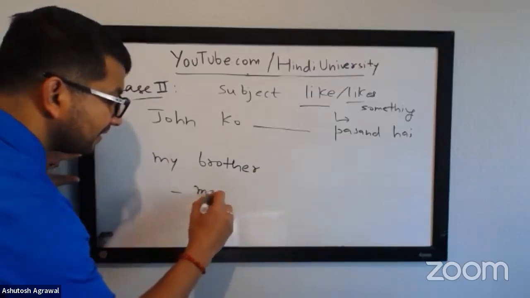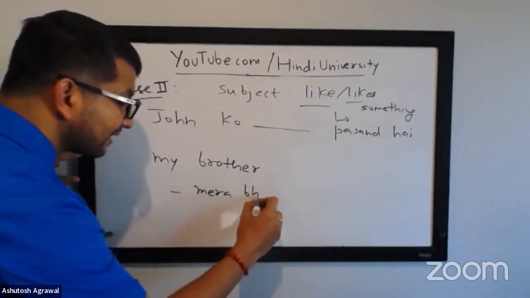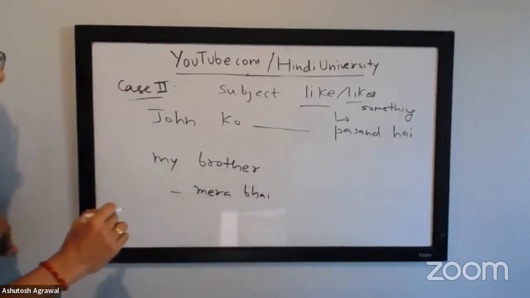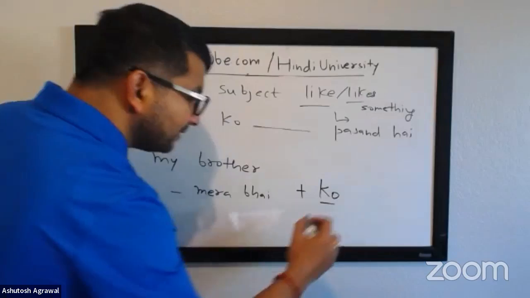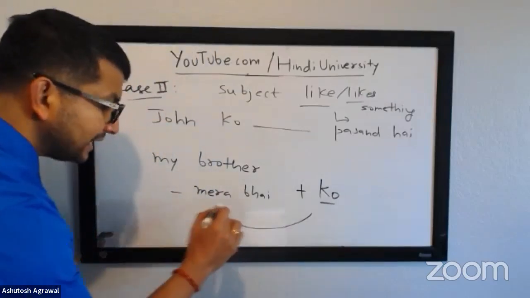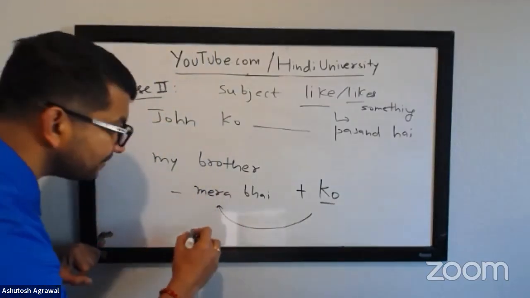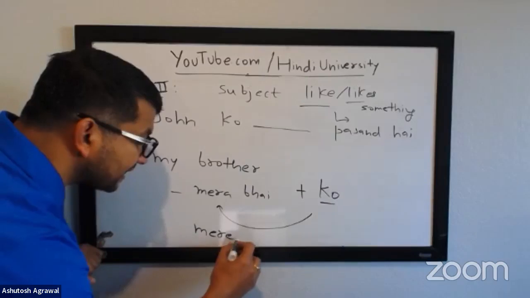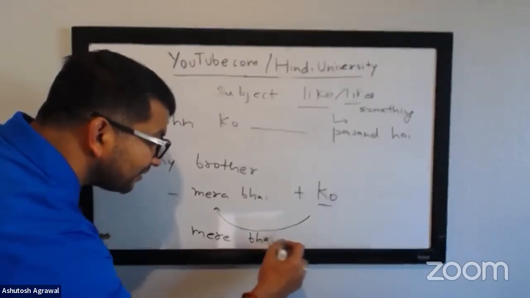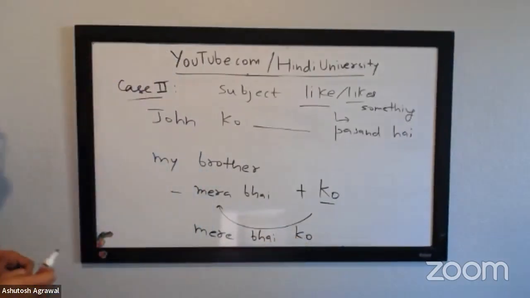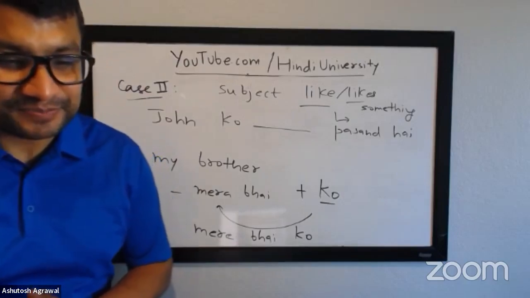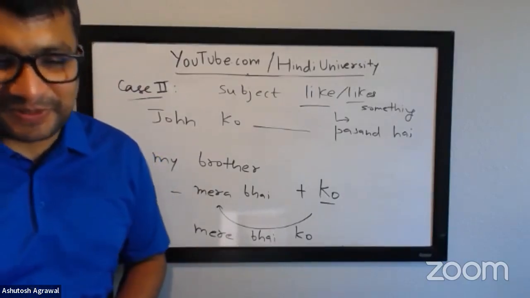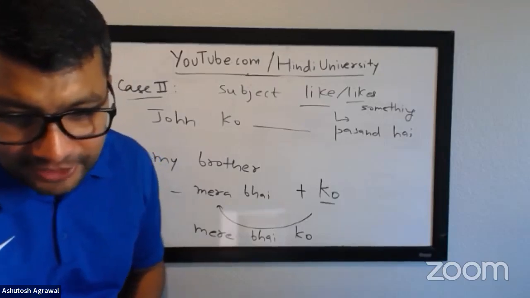If it is just my brother, it is मेरा भाई, and because he put ko after that, it changes to an oblique case, and then मेरा becomes मेरे भाई को. Okay, you said चाय पसंद है, right? Awesome, very good. So मेरे भाई को चाय पसंद है.